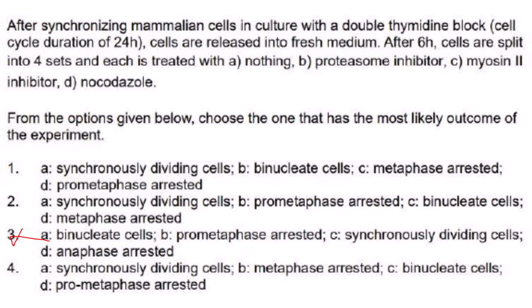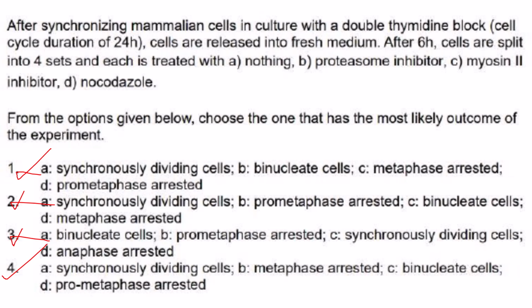So if the proteasome is inhibited, it means cyclin B levels are increasing and the cell will not be able to progress from metaphase to anaphase. It will be blocked at the metaphase stage. So that makes option 1 not correct, because they have told it is binucleate. Then 2 also is not correct, because it is not at prometaphase, it is at metaphase that it is arrested. So that means 4 is your answer.